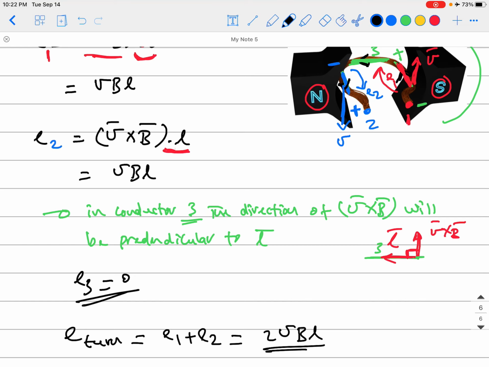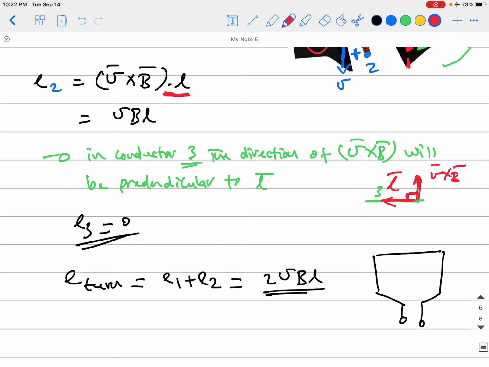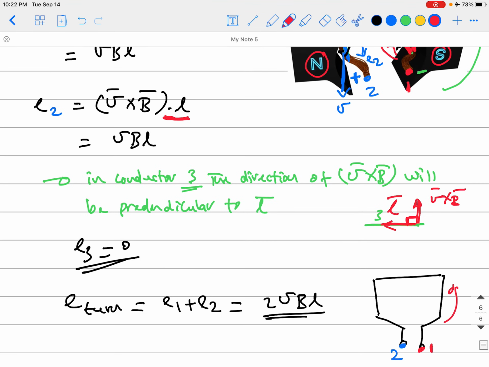Okay, guys? And now the complete turn like this here, and this is terminal 1 and that is terminal 2. Like we said, E1 will be like this, so that is negative and that is positive, and E2 will be like this, so that is negative and that is positive.